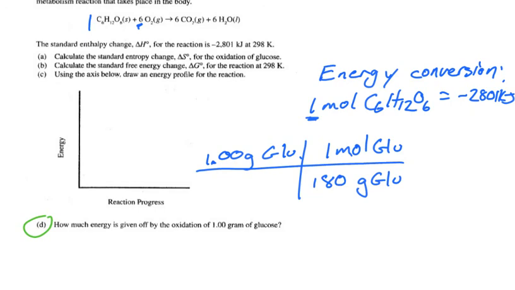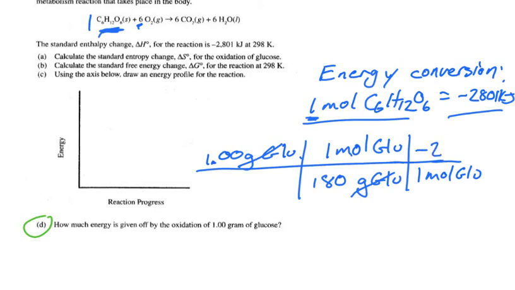I looked on a sheet. But hopefully when you add them up, it comes out to be 180. And then those will cancel. And then we got to use our energy conversion factor. So 1 mole of that glucose to negative 2,801 kilojoules. Everything cancels, and our answer is going to come out in kilojoules, and we get 15.6 kilojoules.